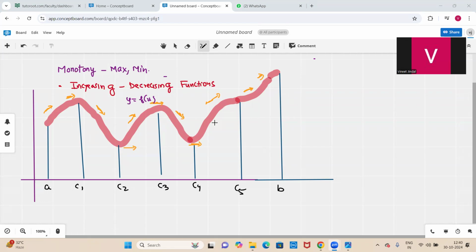As you can see from the graph, the starting point on the x-axis is A and the end point is B. So the domain of the graph is in the interval AB.